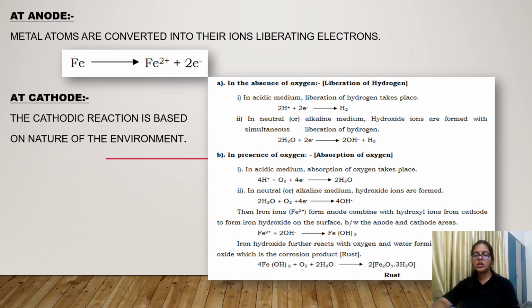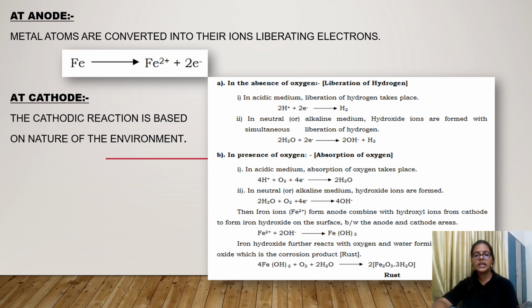So now let's look at some chemical reactions that take place during corrosion. At anode, metal atoms are converted into their ions, liberating electrons. Iron is converted into Fe2+ by liberating 2 electrons.